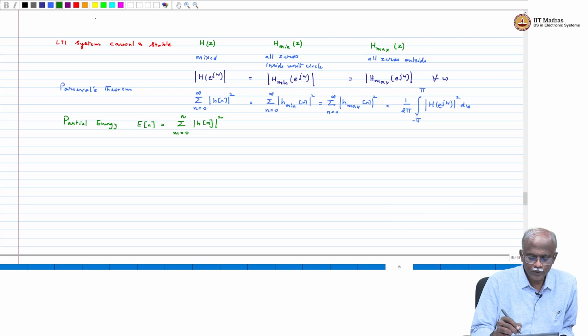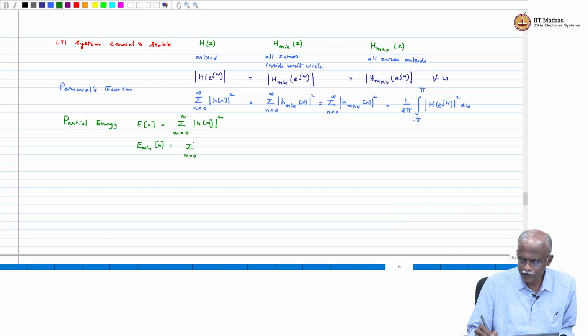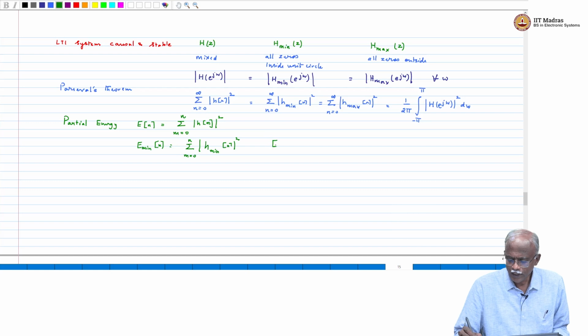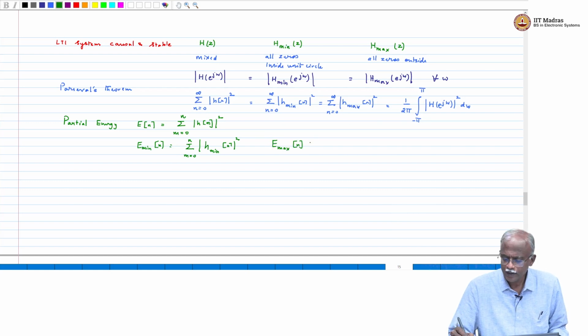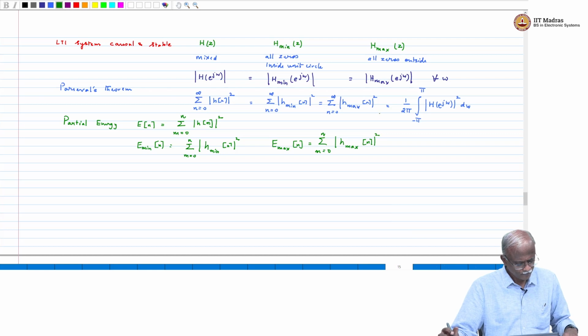Similarly, you can write down the partial energy for the minimum phase, which is the summation m equal to 0 through n of magnitude of h min of m squared, and you can write down the partial energy for the maximum phase term, which is the summation m equal to 0 through n of h max of m squared.